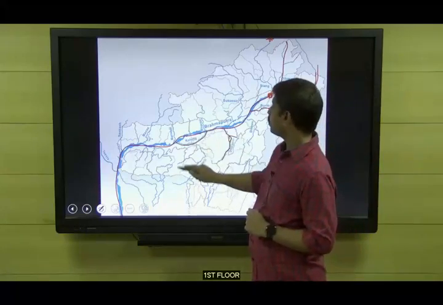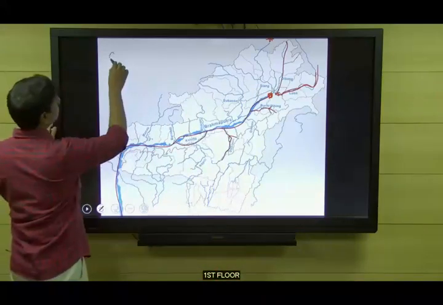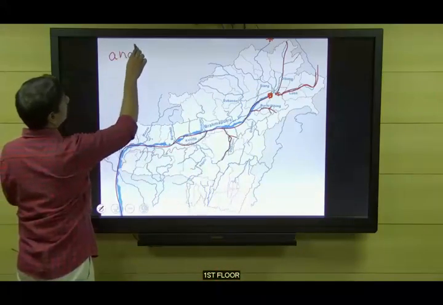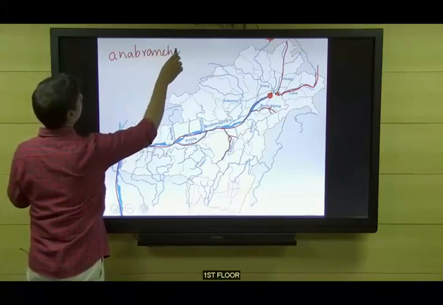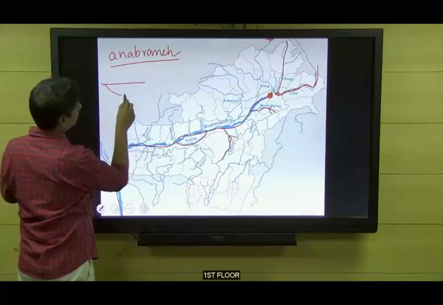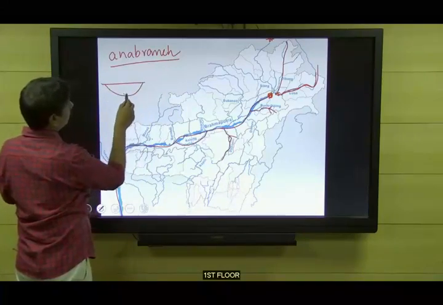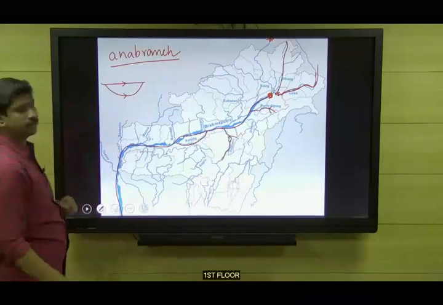is one of the tributaries in the left bank. This Kolong is known as Anna branch. You can see the Kolong. It is called as Anna branch. What is Anna branch? A river is there, a branch separates and joins again the river. That is Anna branch.